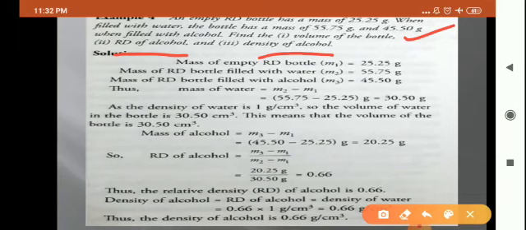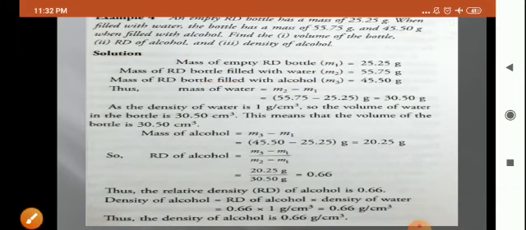Now see, the same thing is given here. Mass of the empty Rd bottle, M1. When we weighed the empty Rd bottle, it is just the mass. I'm not telling you the calculation part here, I'm only explaining the concept. Okay. Mass of the Rd bottle when filled with water, meaning the mass of the bottle and the weight of water together, that came to 55.75.